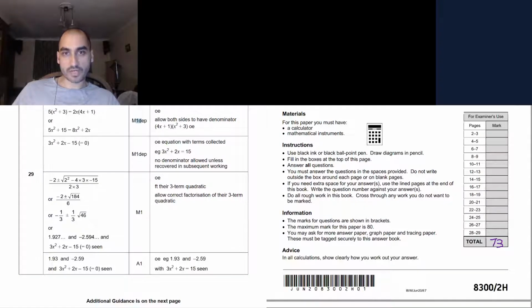AQA mathematics grade boundaries 9, 206. So are they always out of 240? Oh, they're always out of 240. All subjects are out of 240 altogether, except OCR where the mark's out of 300. So if I get 206 out of 240, I get a 9.